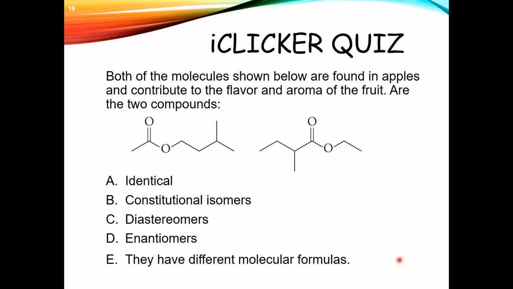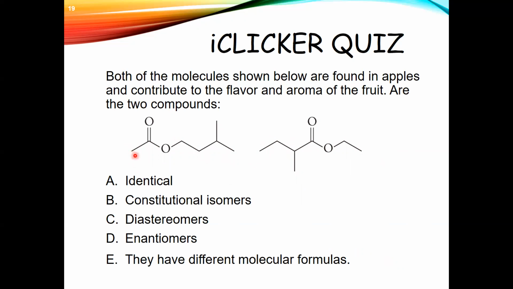All right, so first thing, let's figure out if they have the same formula. They both have 2 oxygens. That's pretty easy to see. Let's see if they have the same number of carbons. I'm counting 1, 2, 3, 4, 5, 6, 7 carbons in one molecule, and 1, 2, 3, 4, 5, 6, 7 carbons in the other molecule. Okay, so same number of oxygens, same number of carbons. Let's count hydrogens.